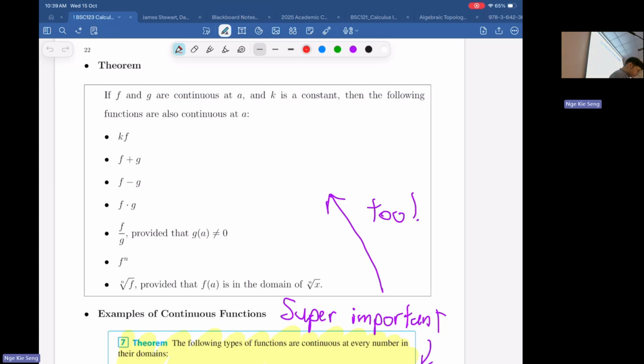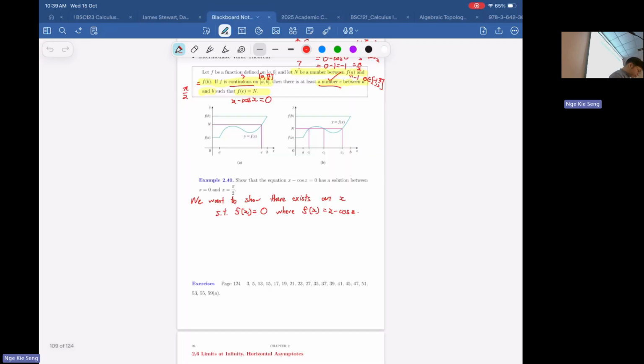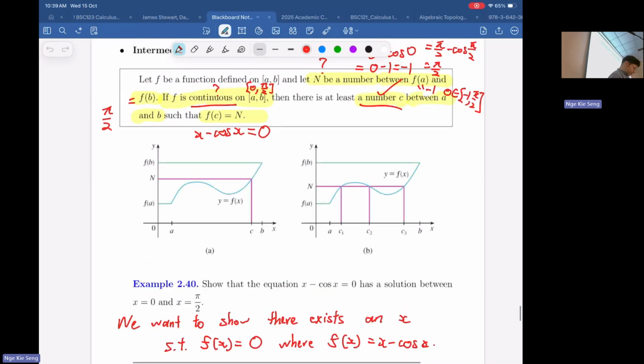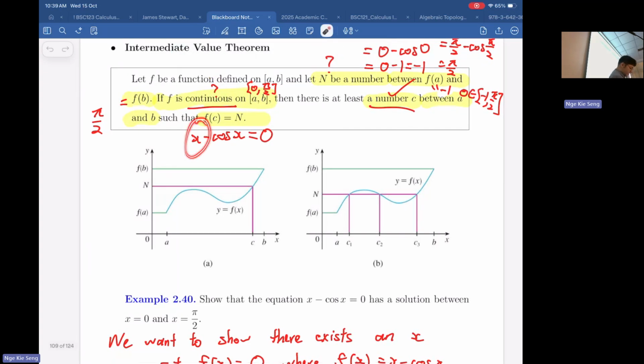So in this case, we are in the case of a sum, right? Because it's a polynomial plus a trigonometric function. So we know that x is defined everywhere, in particular on 0 to pi over 2. Cos x is also defined everywhere, in particular on 0 to pi over 2.